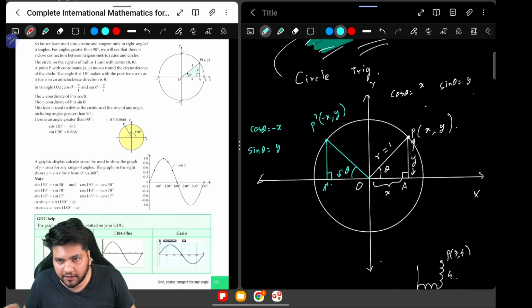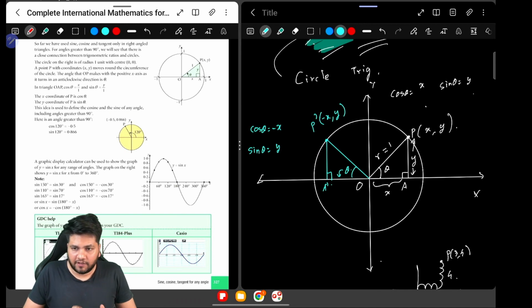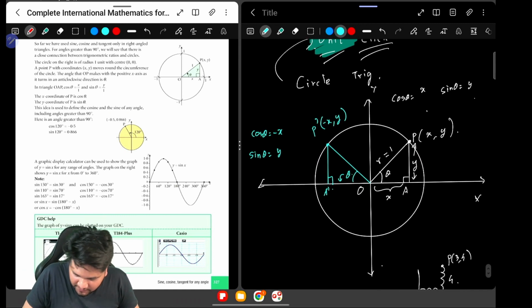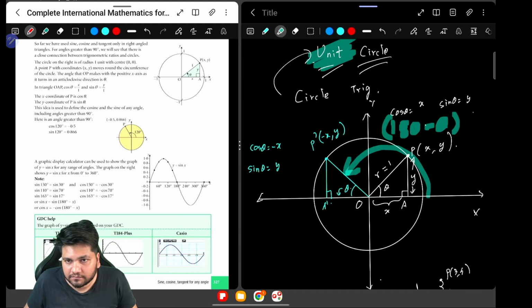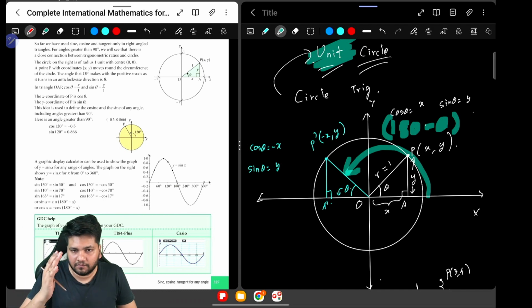Correct, do you agree, everyone? Now since cos theta is minus x, sine theta is y, now see this blue theta angle. With respect to this x-axis, do you agree that this angle is actually 180 minus theta? Yes, sir, because it's a straight line.